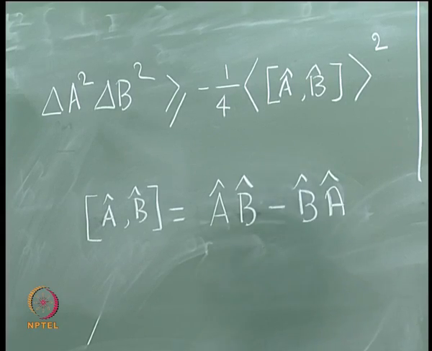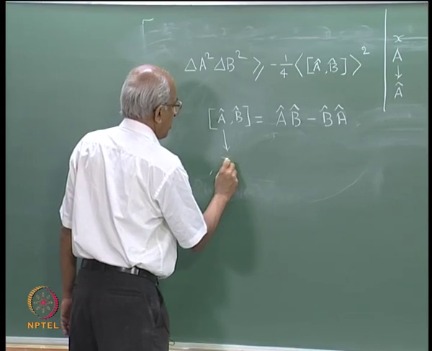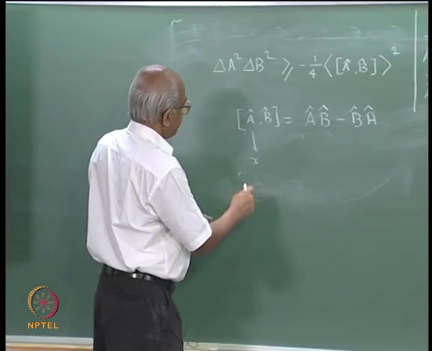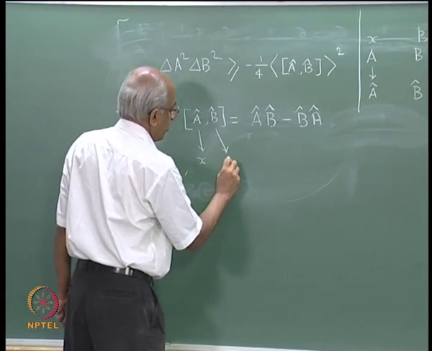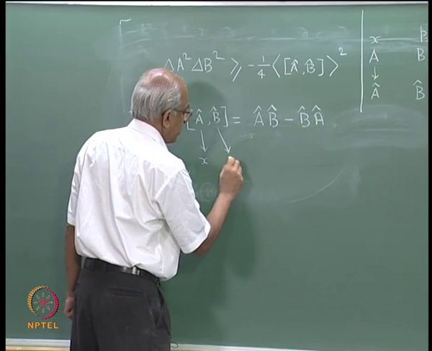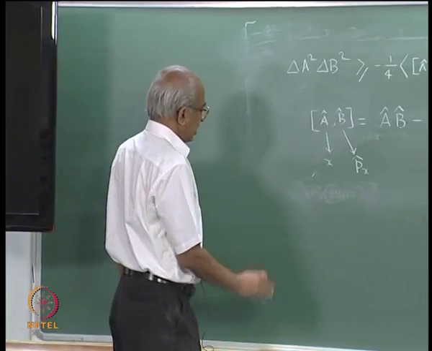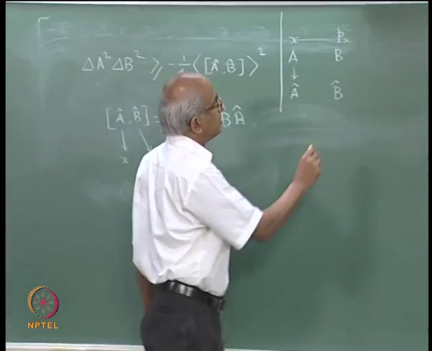And just to illustrate, let me imagine that A is actually x, the operator corresponding to position, and B is the operator corresponding to momentum, which we normally write as Px. So, therefore, let me say I want to calculate the commutator of x with Px.